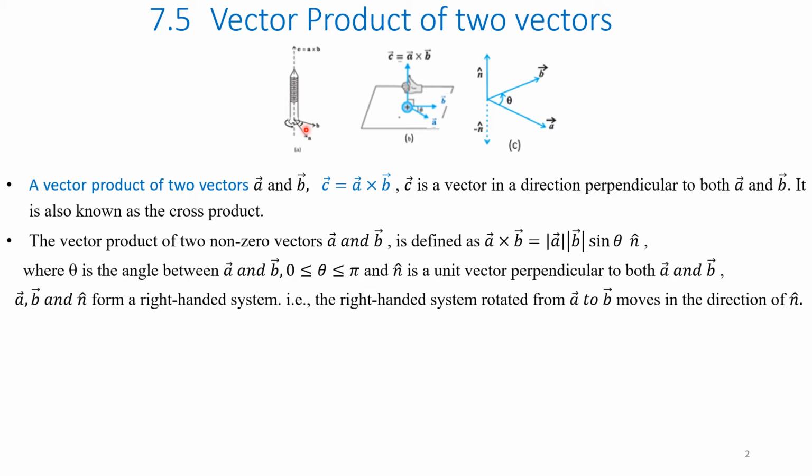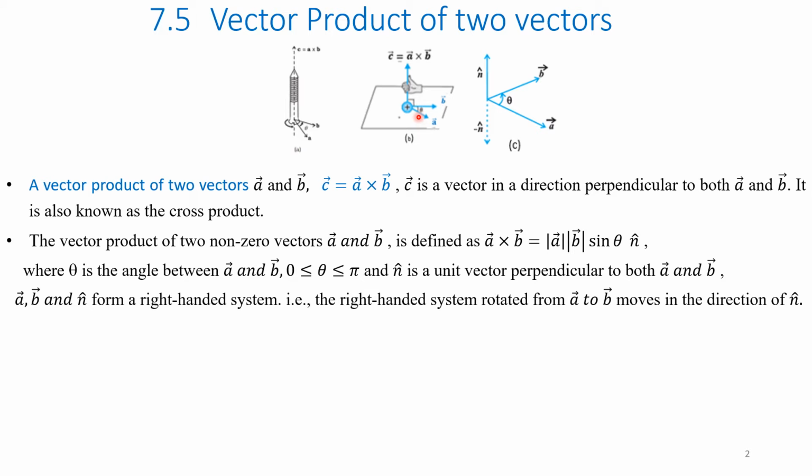This can also be understood using the thumb rule. Here you see figure B. A and B are two vectors which meet at an angle theta.